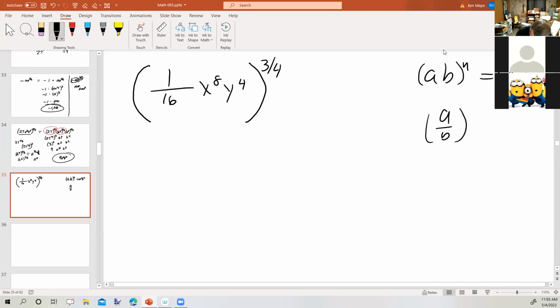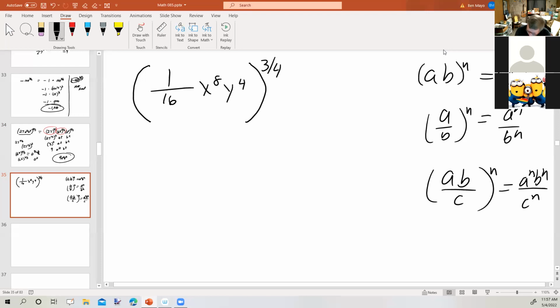If I have a quotient raised to a power, I attach it to the numerator and the denominator. If I have a combination of a product and a quotient, I attach it to all the factors in the numerator and all the factors in the denominator. So this is sort of a combination of these two rules. And that again goes back to section 5.2 and 5.1. Are you okay with that? Yes.